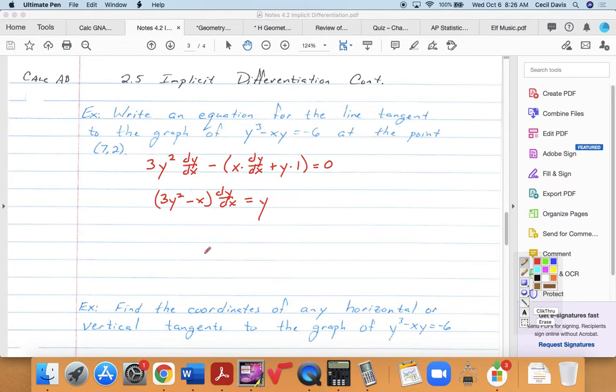And this one's easy enough to where, I mean, we could have gone ahead and put in the numbers right away, right? After you've taken the derivative, it really doesn't matter when you do it. This one's simple enough to where I'm going to go ahead and solve it for dy dx. But you certainly don't have to do that first. So it's going to be y over 3y squared minus x.